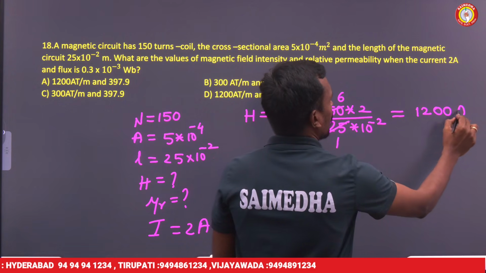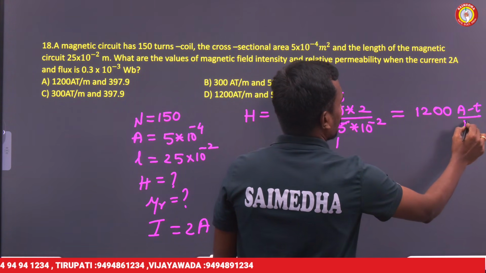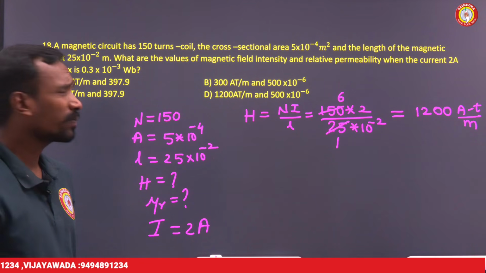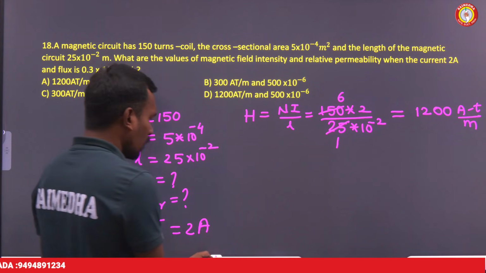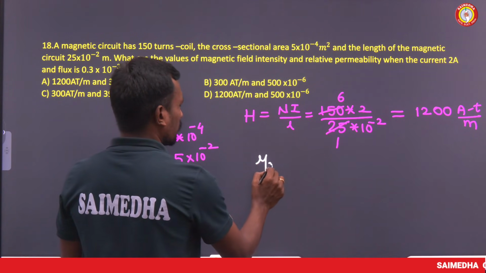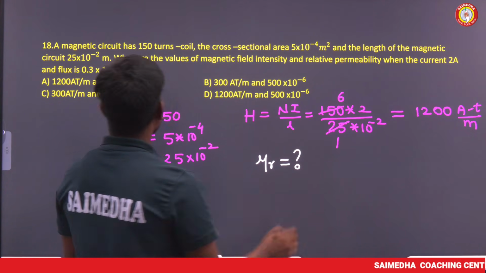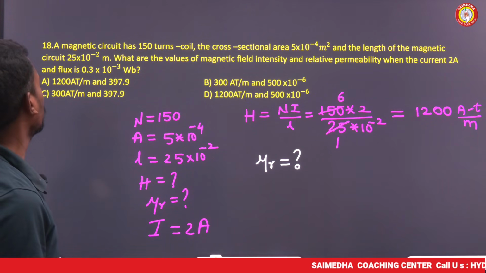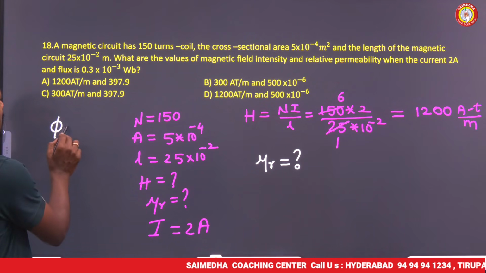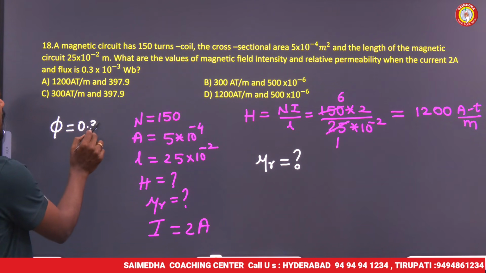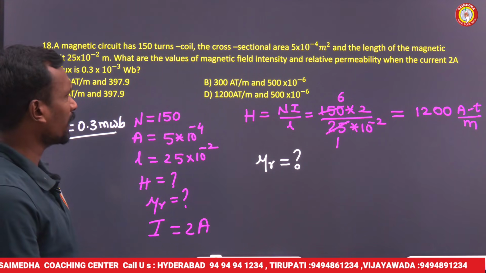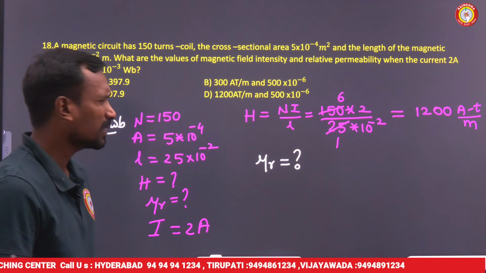So the answer is 1200 ampere turns per meter, the magnetic field intensity or magnetic field strength. They are asking relative permeability also, and they gave the flux, which is 0.3 milliwebers. How can we calculate relative permeability?